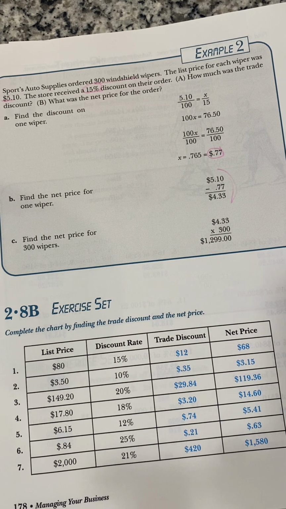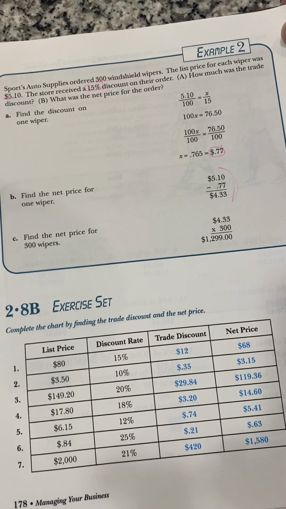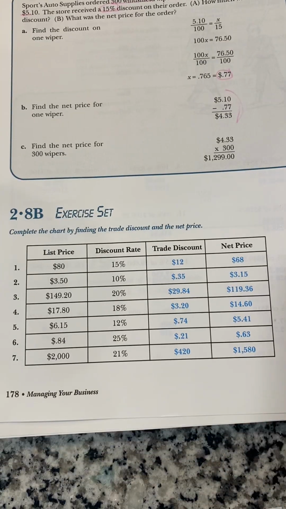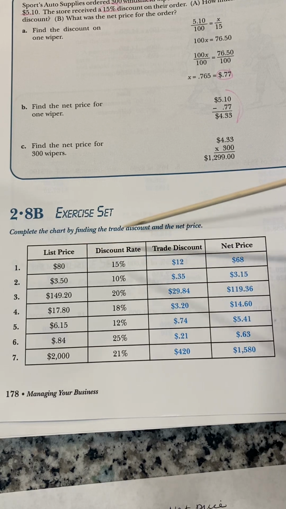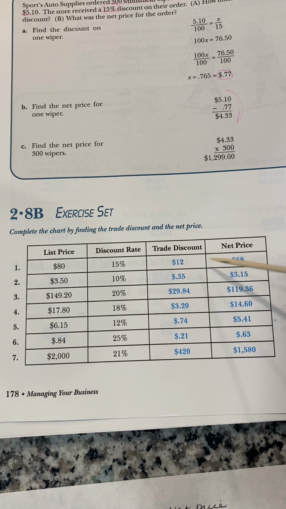So let's see here. At the bottom, I'll do a couple of these and just show you how to do it. You've got the list price and the discount price, and you want to find the trade discount and the net price.